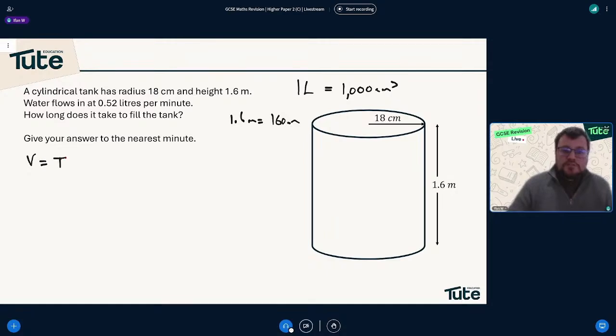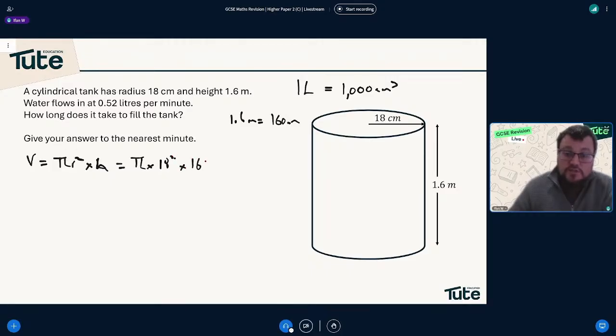Now, volume of a cylinder is pi r squared, which is the area of the cross section multiplied by its height or length or depth, whichever you'd like to say here. Right, I'm going to call it height. Right then, slap that into your calculators. So it's pi multiplied by 18 squared multiplied by 160.